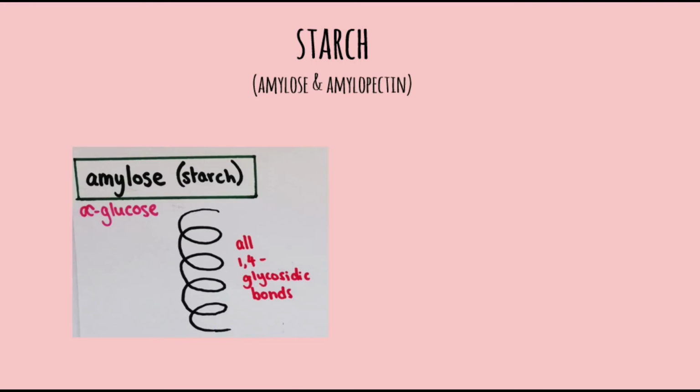There are 2 types of starch, called amylose and amylopectin. Amylose is a long, unbranched chain of alpha glucose that exists in a coiled structure. This makes it very compact and good for storage.